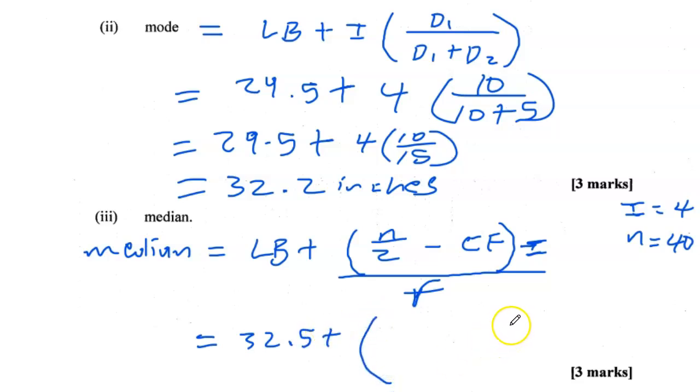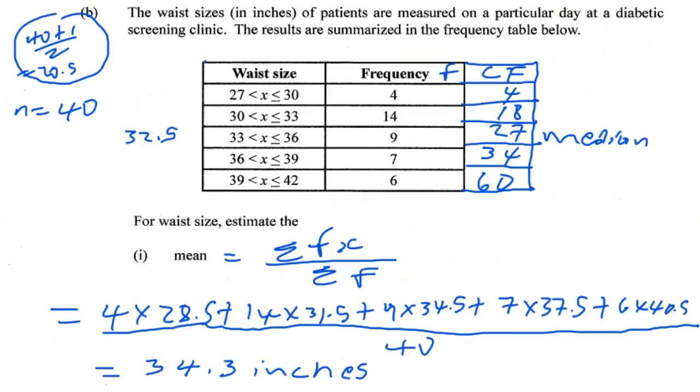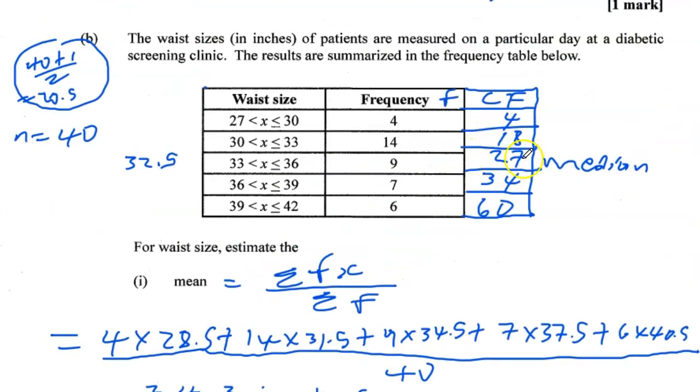Alright? The rest of the formula. N is 40, so 40 divided by 2, that's 20. The cumulative frequency is up to the row before the median. This is the median row, the 27. So the CF is the value preceding the CF for the median row.